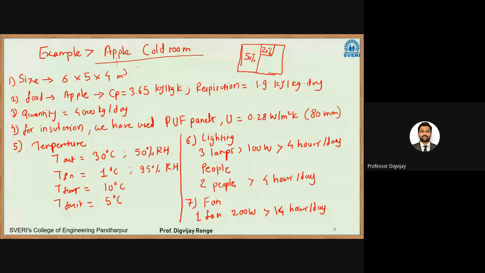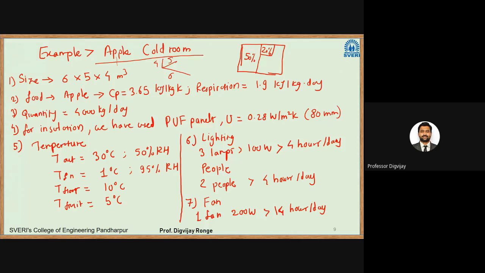So 6 by 5 is the base, and the height will be 4 meters. So this is a pretty big cold room. Height is 4 meters, 6 is the width, and 5 is the breadth.